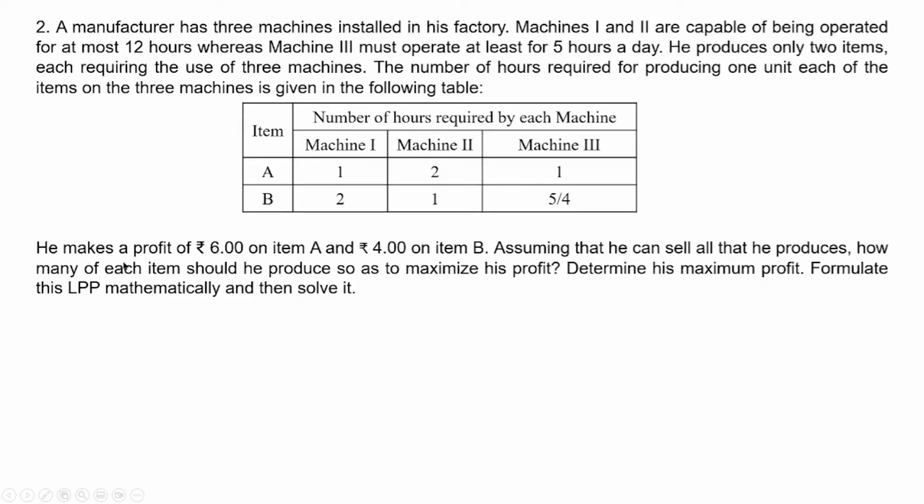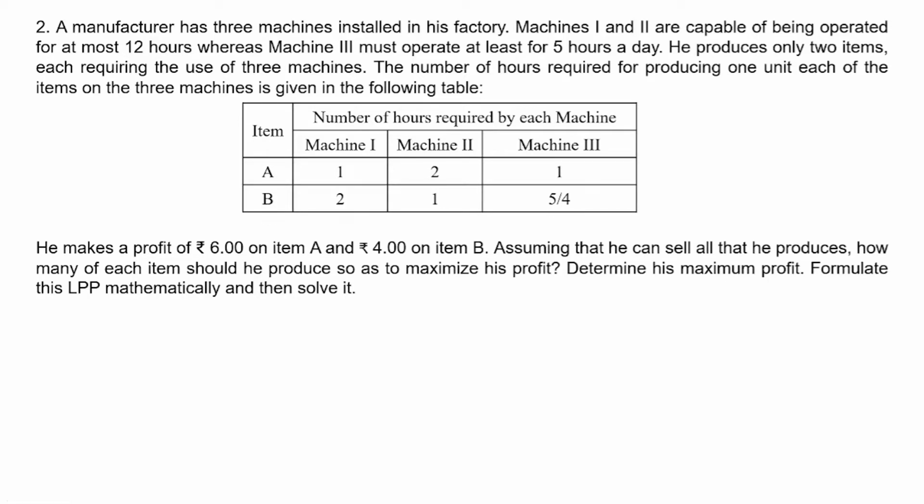It is also given he makes a profit of rupees 6 on item A and rupees 4 on item B. We have to find the number of units of each item that should be produced so that the profit will be maximized. So what we have to find, we have to take as X and Y. So here we have to find the number of units of item A and number of units of item B that the manufacturer should produce.